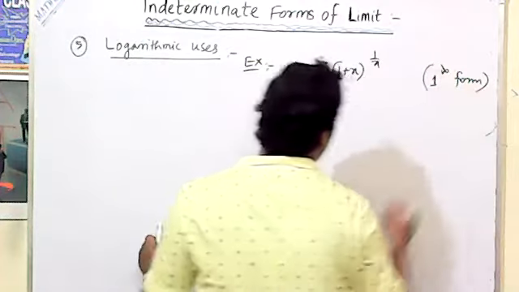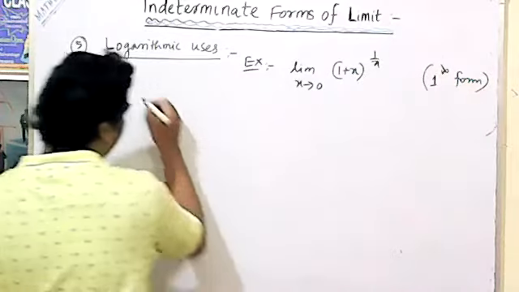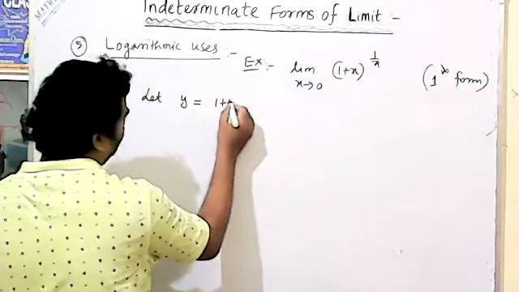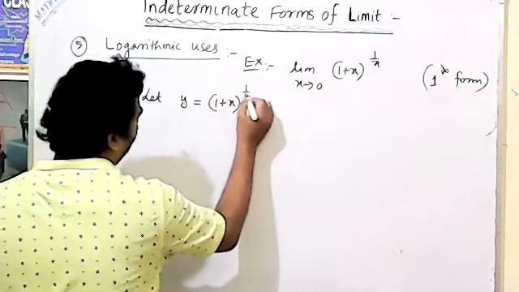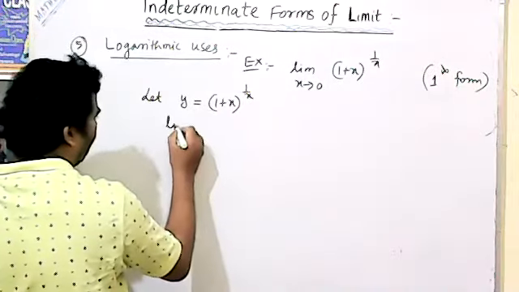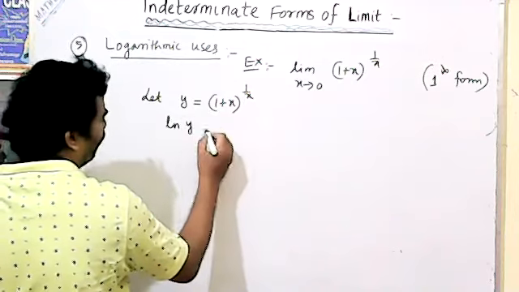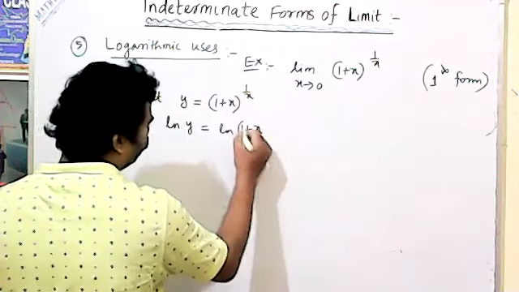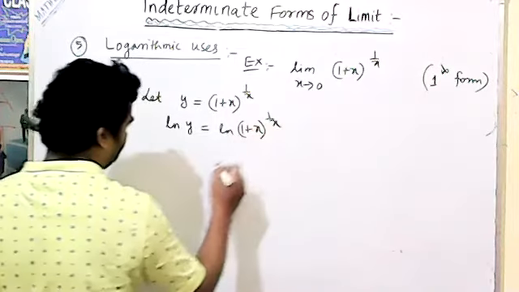If it is a 1 to the power infinity form, first of all you have to take y equal to 1 plus x to the power 1 by x. Taking ln, or logarithm, on both sides, ln y is equal to ln of 1 plus x to the power 1 by x.